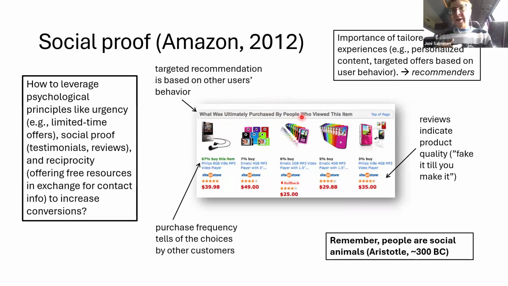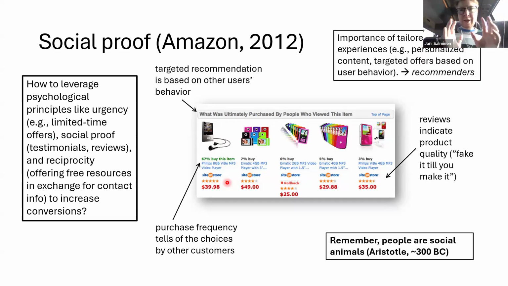These types of indicators and messages affect people, because if you have a lot of reviews, especially positive reviews, and indications that others have purchased this, we use it as a heuristic to think that others have already vetted it, they have already gone through the comparisons, and done that information processing, consideration and comparing of different products.